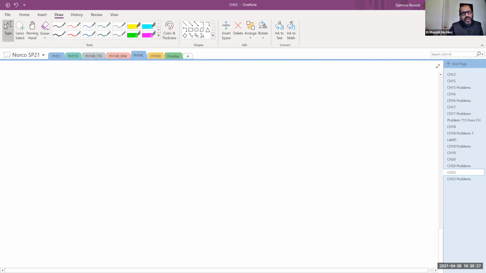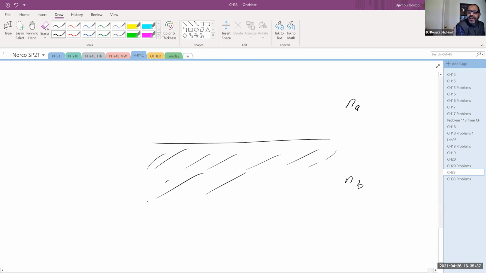or law of refraction, that you can call it that way too, is that you have a medium with an index of refraction n_A and a medium with an index of refraction n_B, and this medium is of a different type. Let's say, for example, it's water, okay?